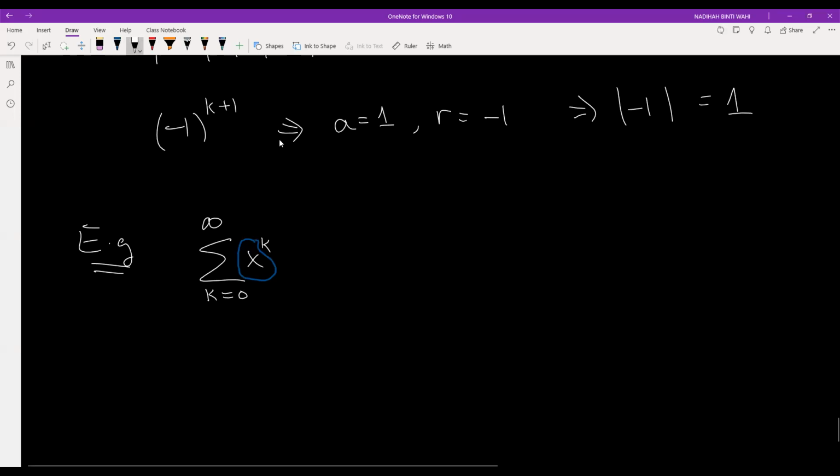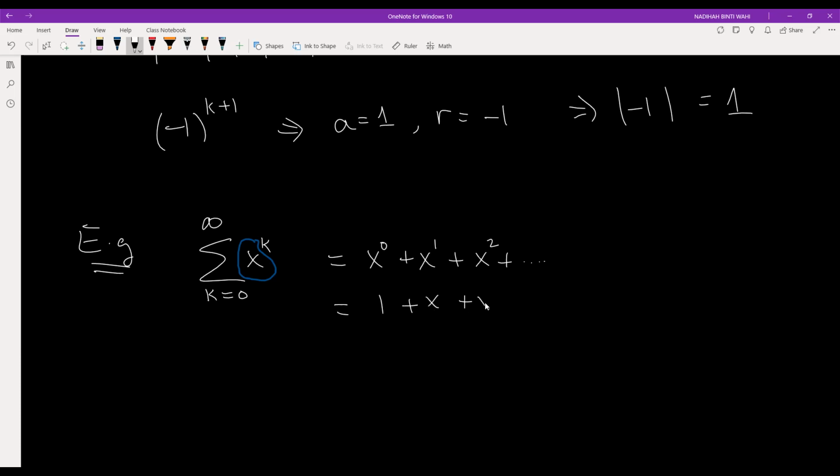What to do in this case? We can just expand this first. It will be x to the power of 0 plus x to the power of 1 plus x to the power of 2 plus and so on. So this is just 1 plus x plus x squared plus and so on.